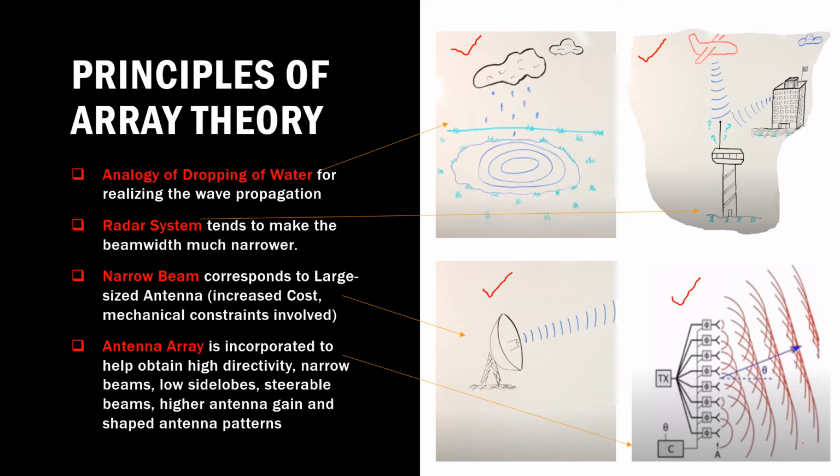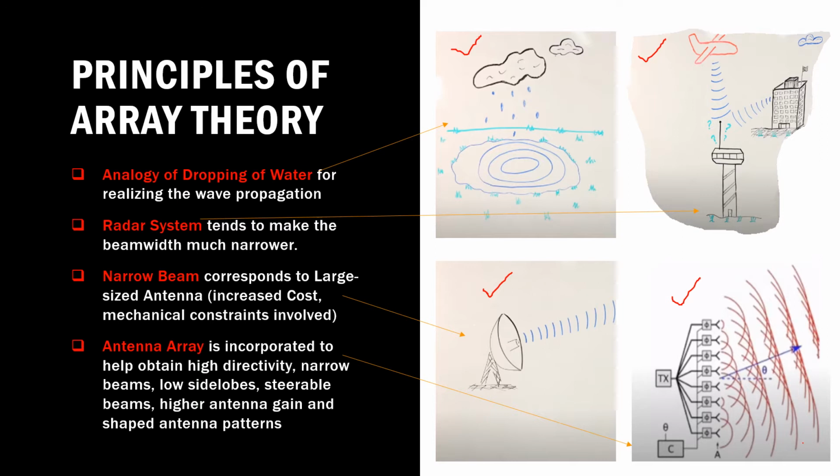First, a large and huge antenna, and second, several antenna elements that are placed in a certain arrangement, and that is called the antenna array. There are several problems with large sized antennas, such as the increased cost and the mechanical constraints involved.